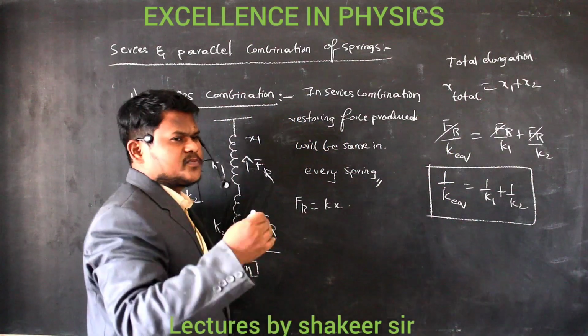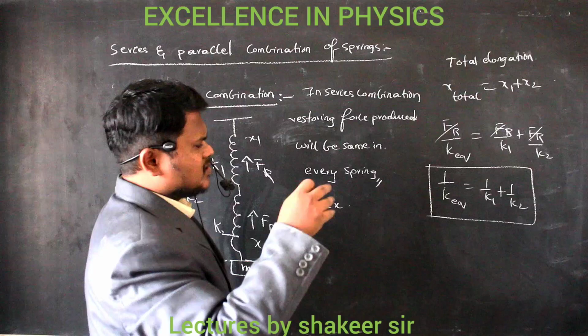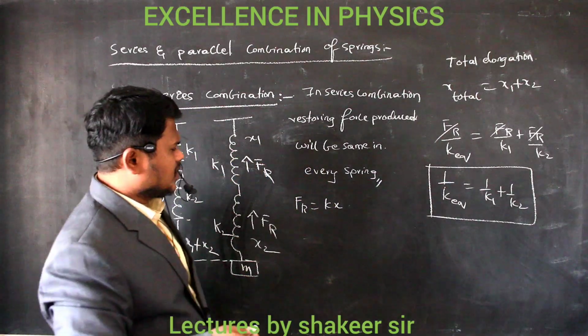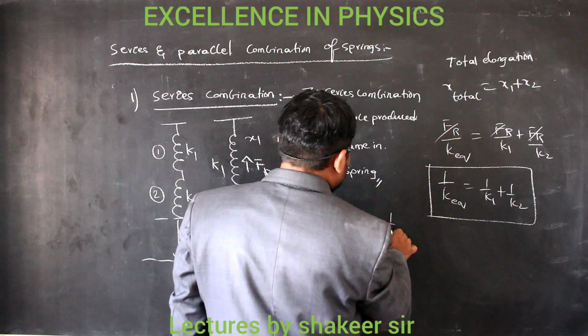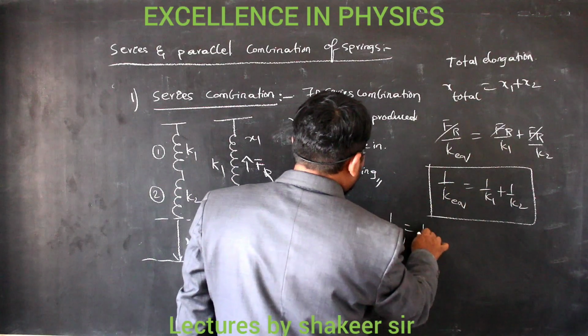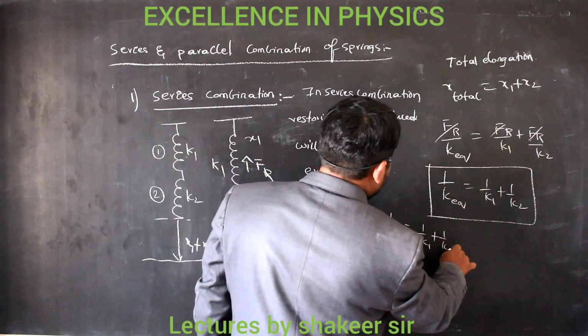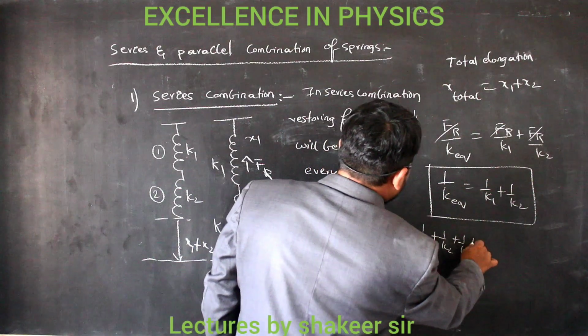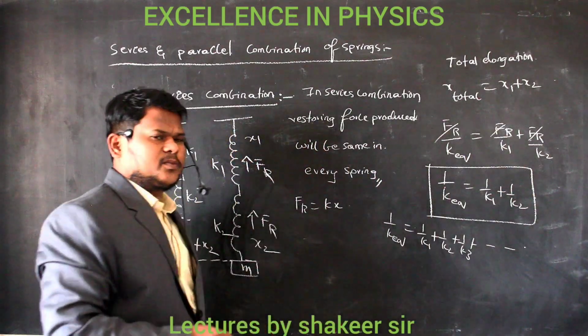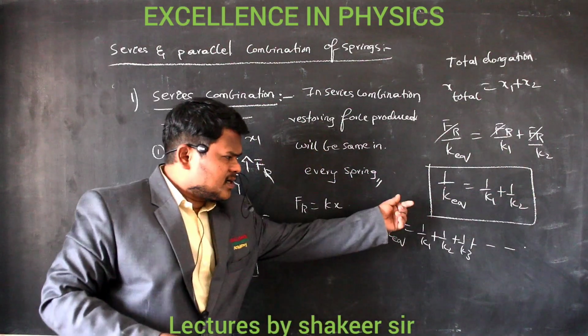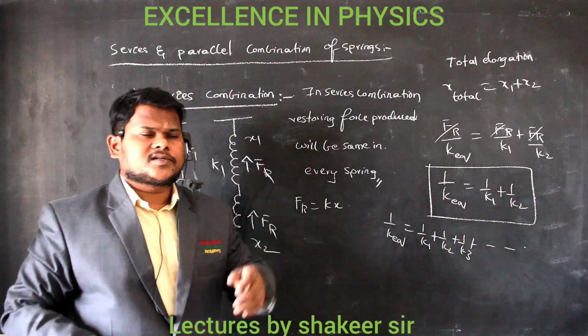Similarly, if there are 2, 3 springs, 4 springs, 10 springs, how can I write the same relation? Same relation can be written like this: 1 by k equivalent is equal to 1 by k1 plus 1 by k2 plus 1 by k3 and it goes on. Are you able to understand? Now, by looking at this relation, what do you understand?